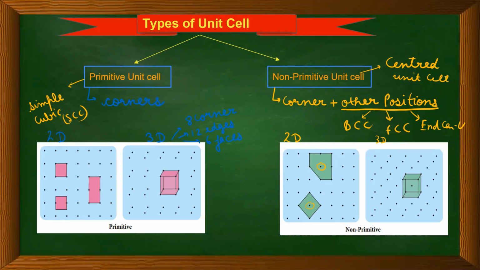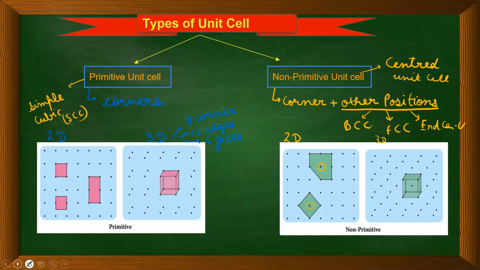Now, sometimes in competitive exams like JEE, IIT JAM and CSIR NET, a question is asked from this topic, where they will give you the structure of the unit cell and ask you which of them is the unit cell and which is not, and which one is primitive and which is non-primitive.